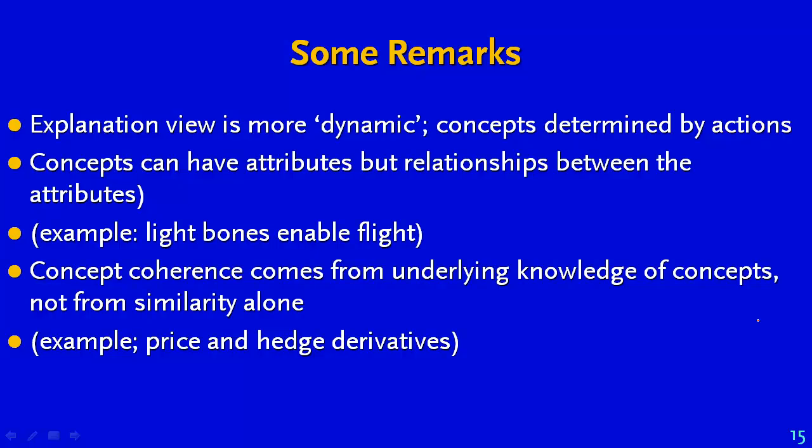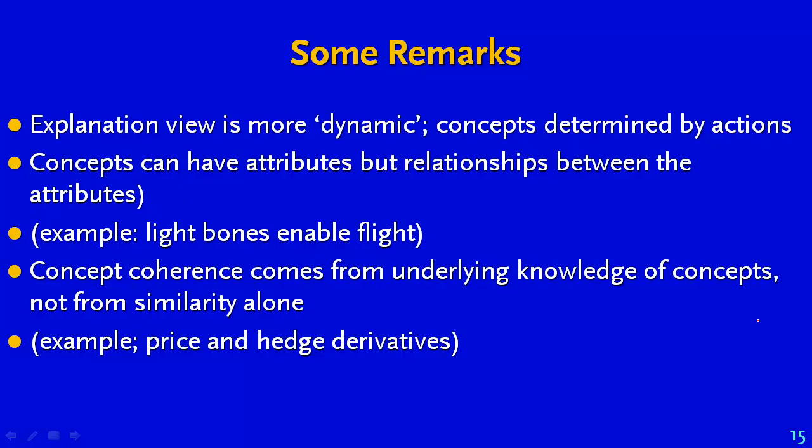So the concepts have attributes, but it's the relationship between the attributes. For example, if I've got flight, because a number of birds have light bones, they can actually fly. So the attribute of flight, or the semantic action, has to do with light bones.